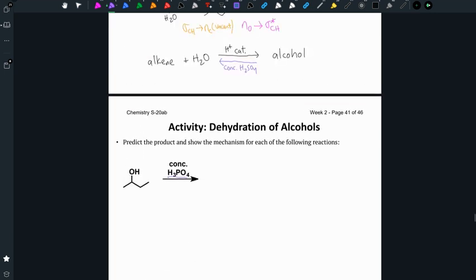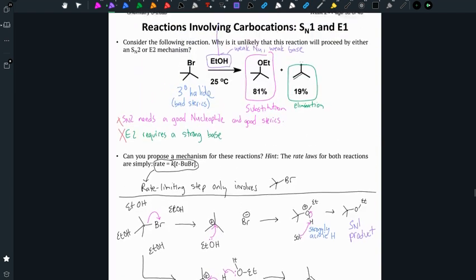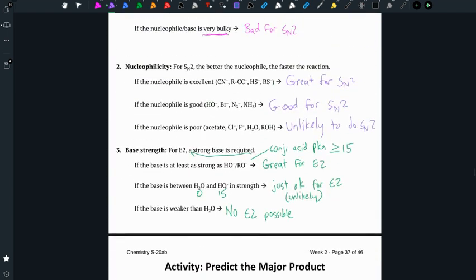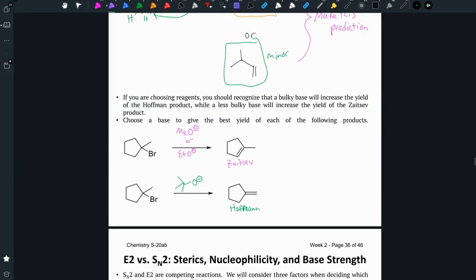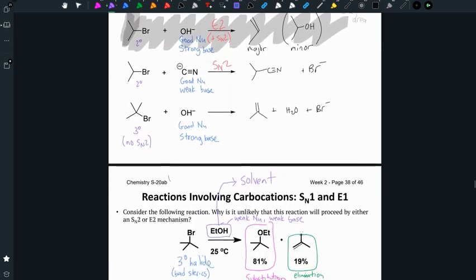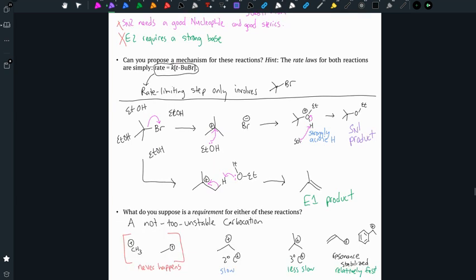One thing to note with the E2 reaction, we talked about how sometimes you could get a Zaitsev product or a Hofmann product, right? Where you could make the more substituted alkene or the less substituted alkene. Depending on which base you used, you might get more. I told you to always predict Zaitsev as the major product. With the SN1 reaction, the Hofmann product is pretty much never going to be possible. And the reason is this reaction is going to reach equilibrium.